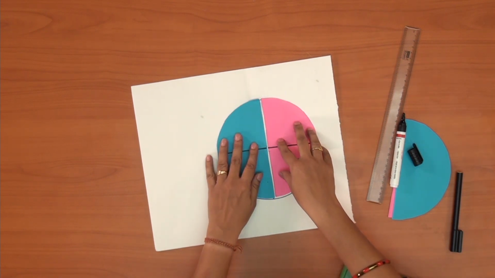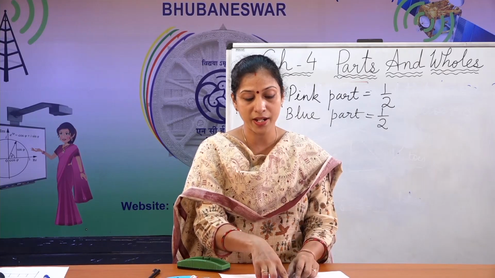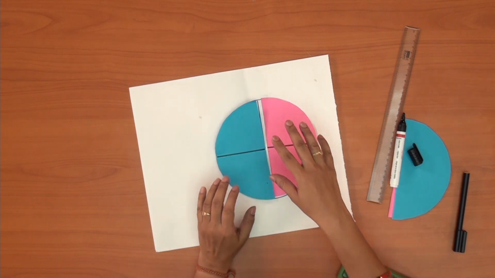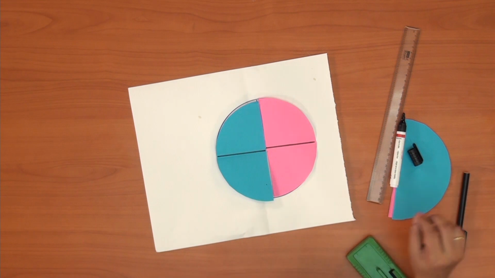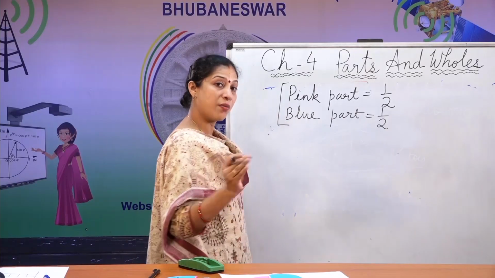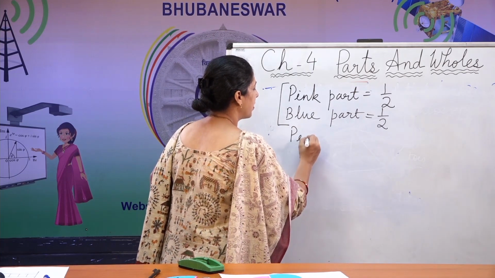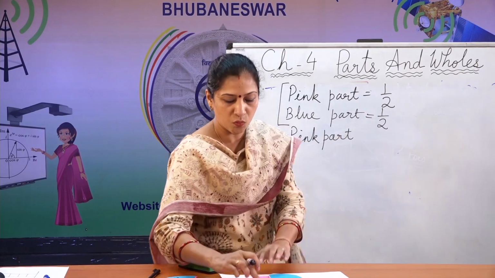Now can you tell me how many parts out of the whole are colored in blue and how many parts are colored in pink? Yes, now we can tell. Now we have divided again into half. So the colored part, pink part, is equal to how many parts? 1, 2.